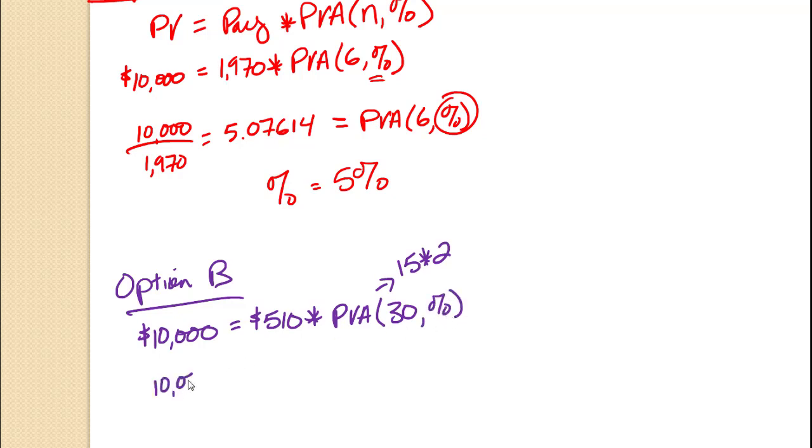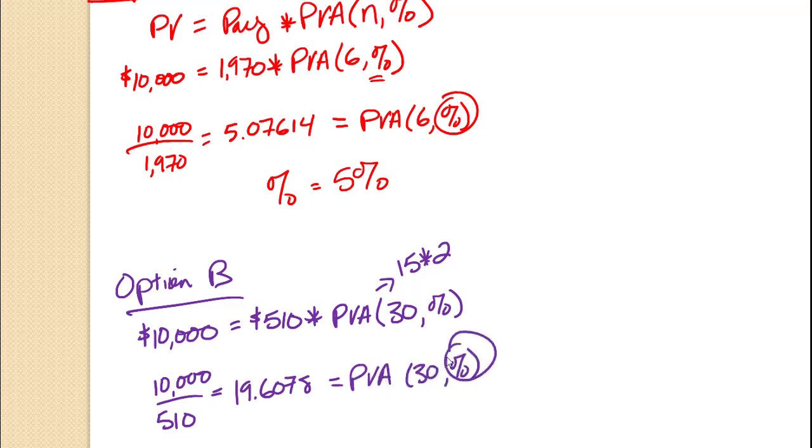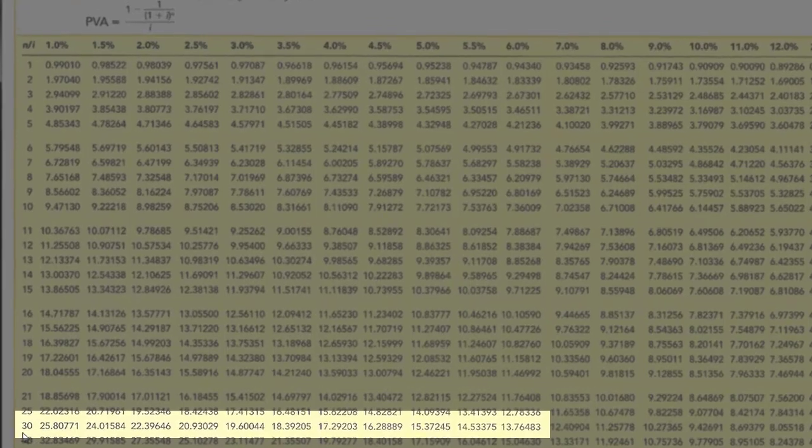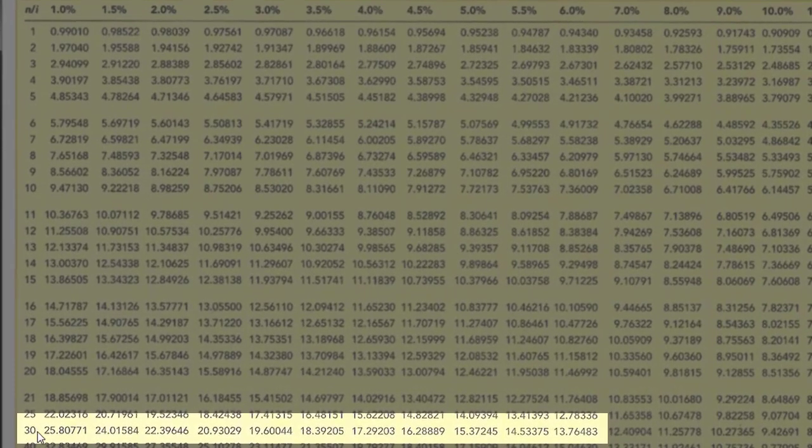So let's see, 10,000 divided by 510 is 19.6078, and that's going to equal my present value of an annuity factor 30 at some percentage. And I can find that percentage the same way I just did. So n of 30 is right down here, and I'm going to find that's 19.607.